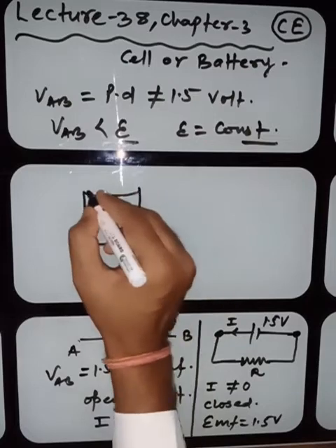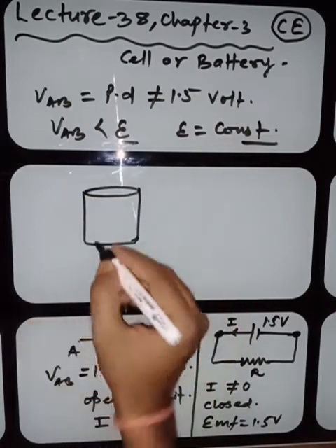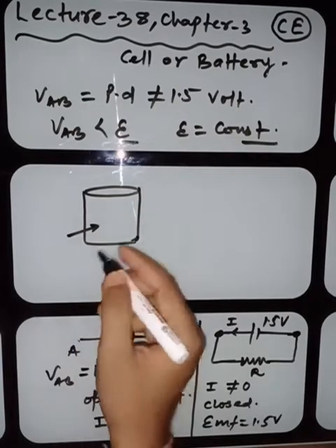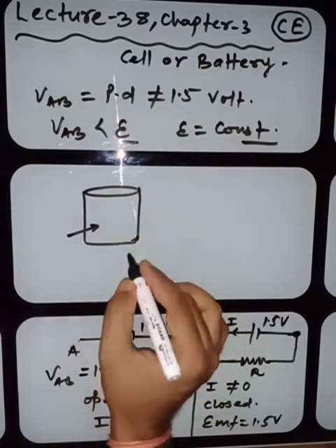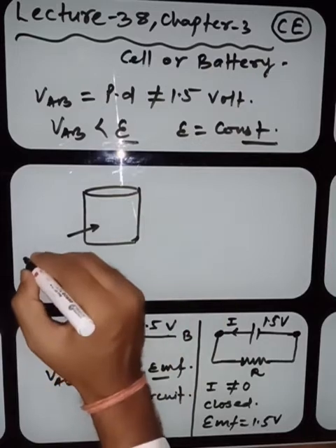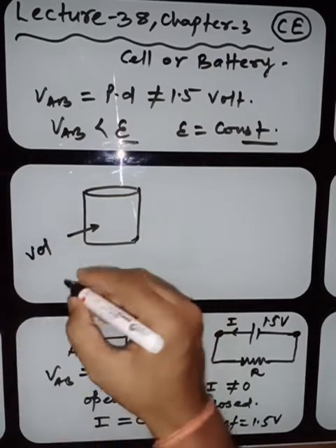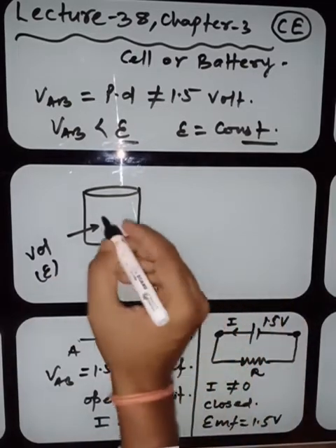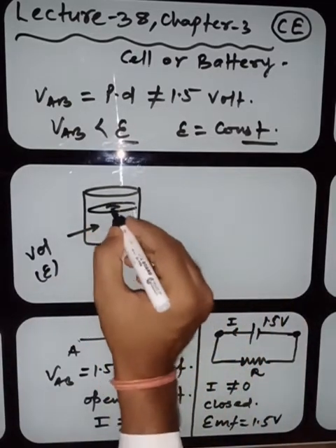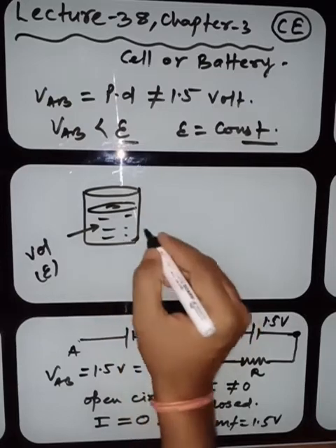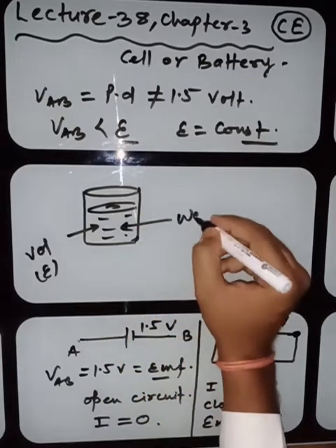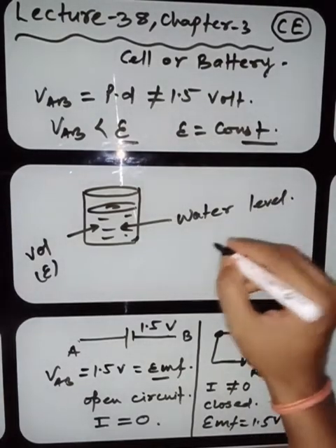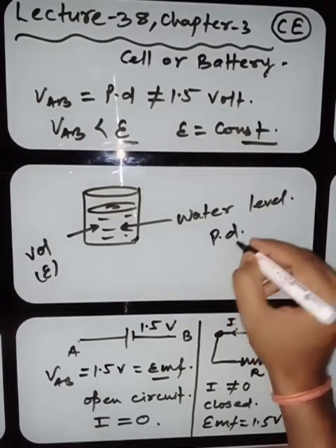If this is the water tank, then the capacity of this water tank, the volume which maintains the potential at a certain height, is like EMF. But the level of water is like potential difference.